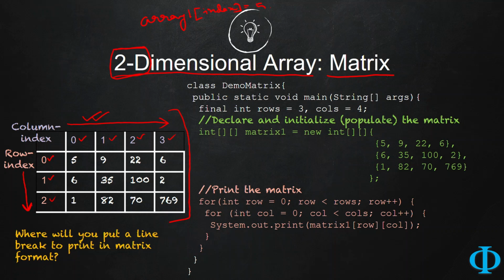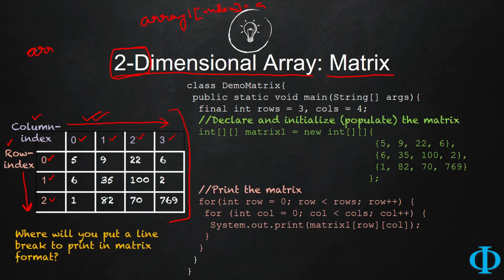So only one index. But when it comes to a matrix, since the matrix has both row indexes and column indexes, you have to use two different indexes this way.